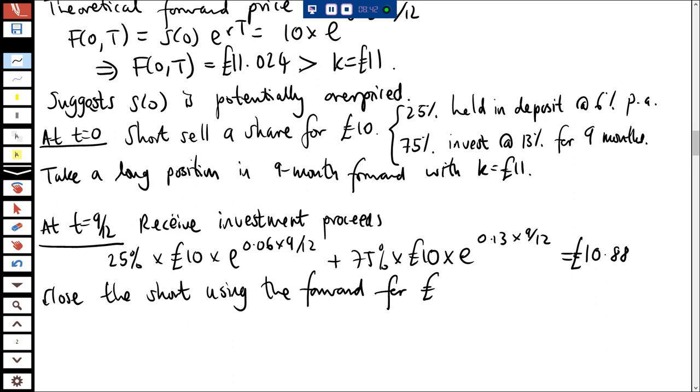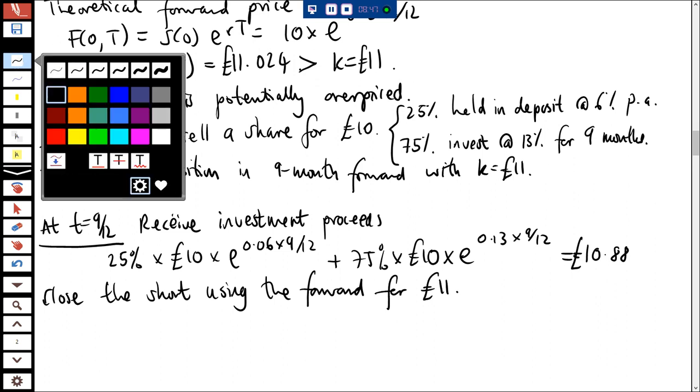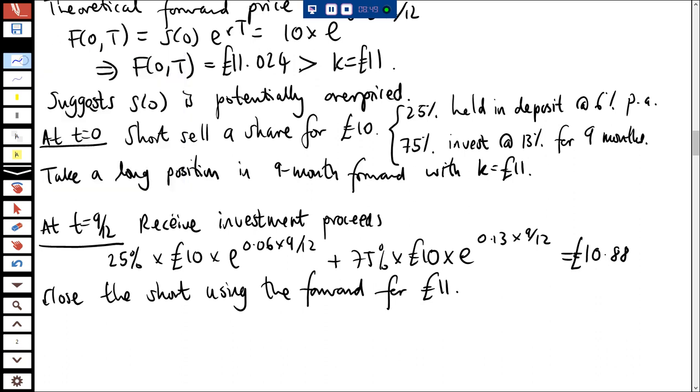for £11, and the conclusion we can see is not ideal for an investor. There's a loss of 12p.